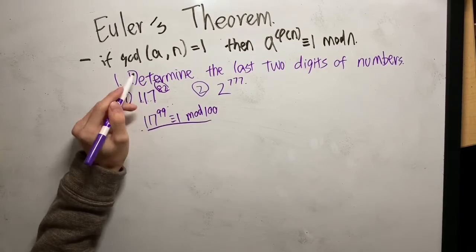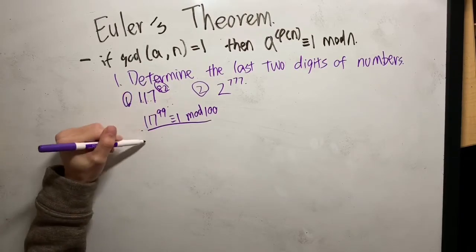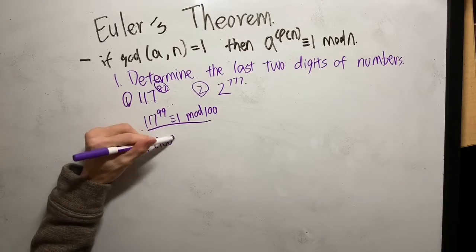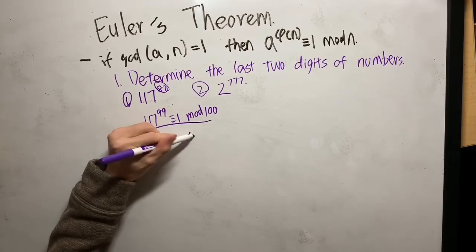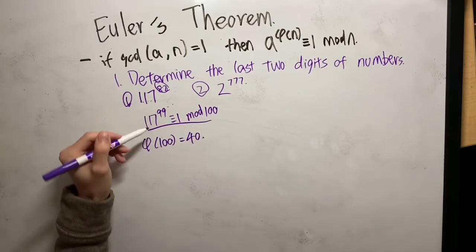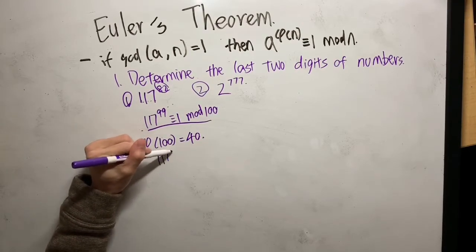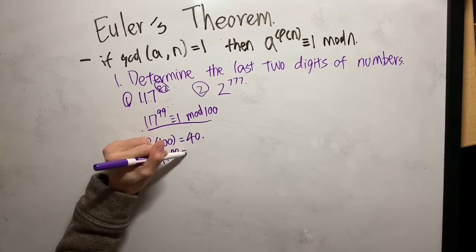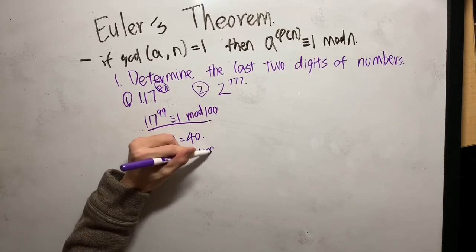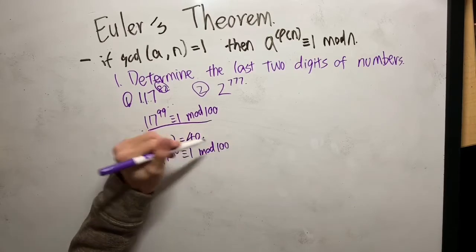But from Euler's theorem, we have phi of 100 equals 40. Then 117 to the power of 40 is congruent to 1 mod 100.